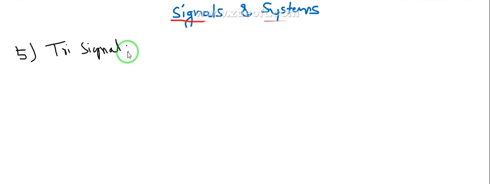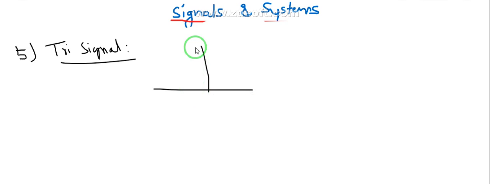This is the diagrammatic representation of a triangular signal. It will start from -1, and the signal width may be anything. It can be 2 or 3.